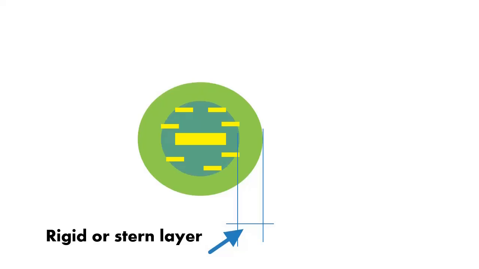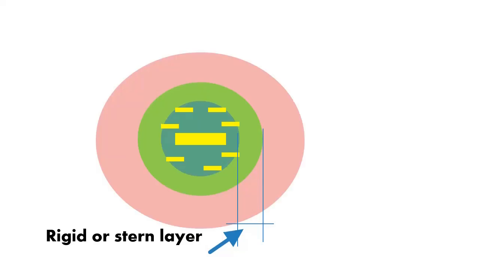Then another layer, because of added water, comes and attaches to that stern layer. That layer is called the diffuse layer. In that diffuse layer, the potential decreases again. That potential is called the zeta potential.